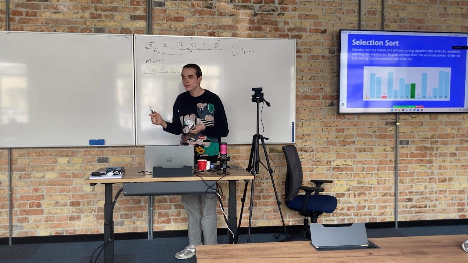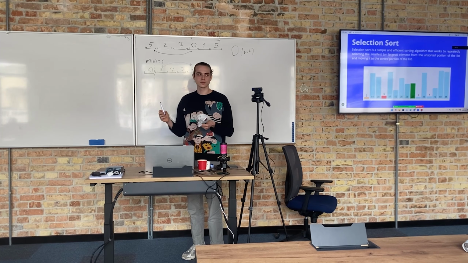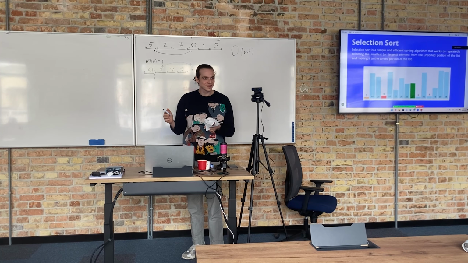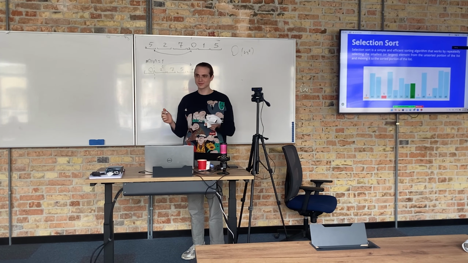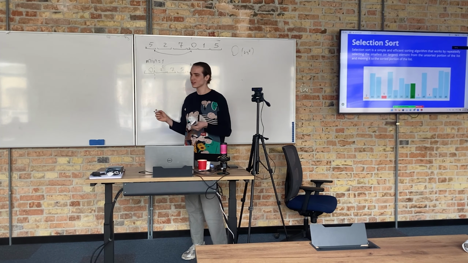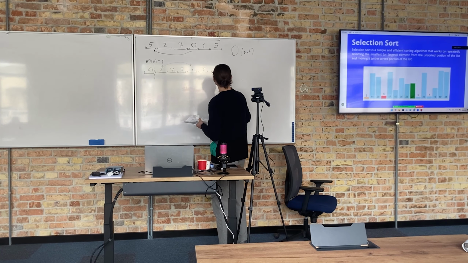It's n squared. Yeah. Because we still need to traverse, we still need to check all of them. It just won't swap.